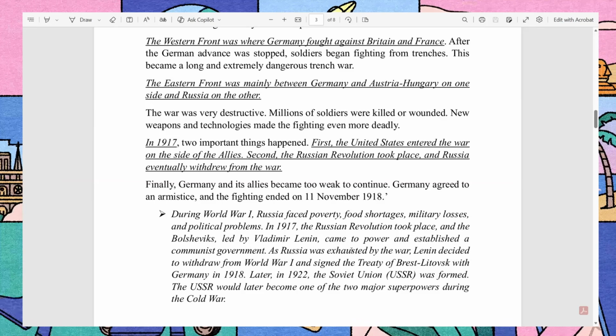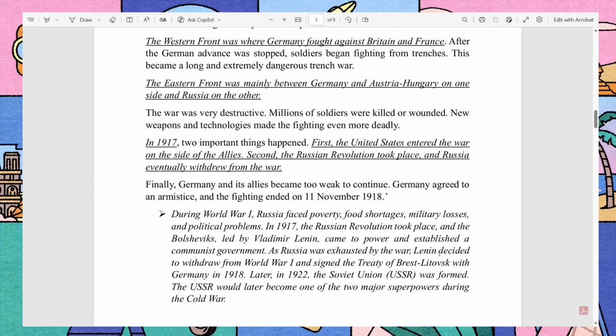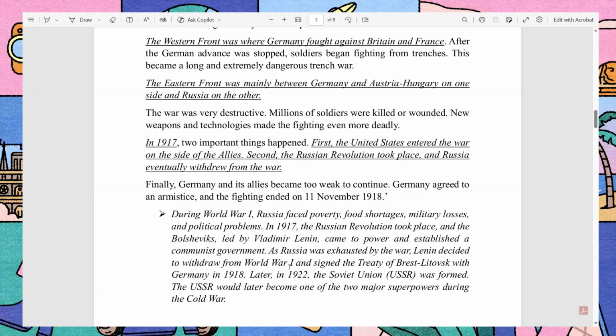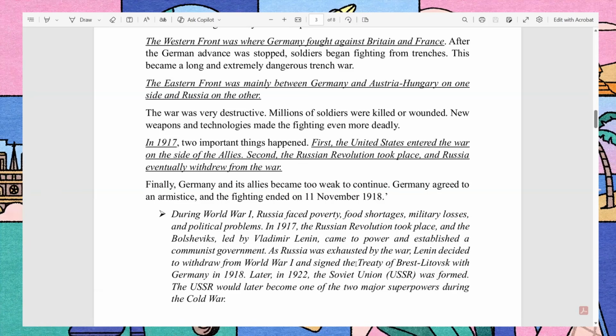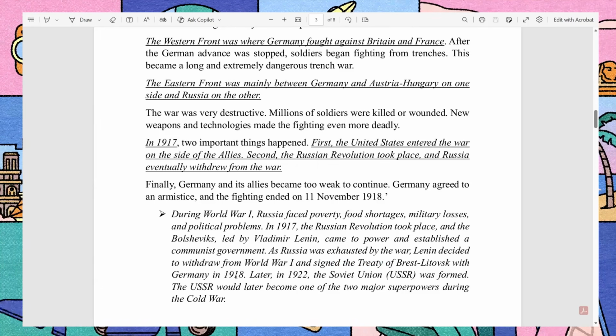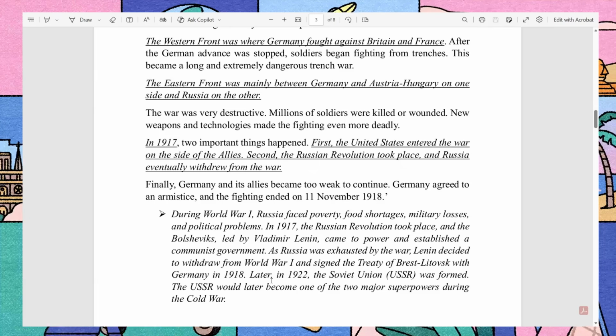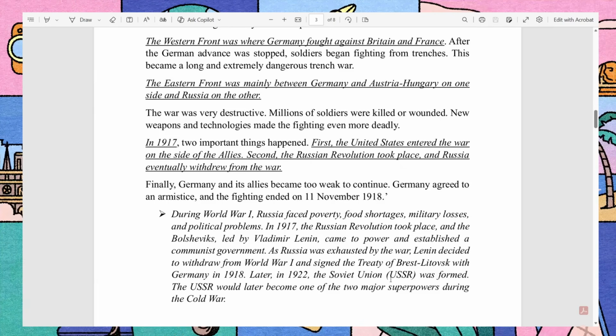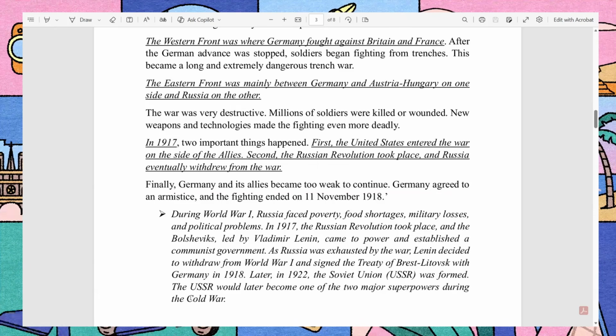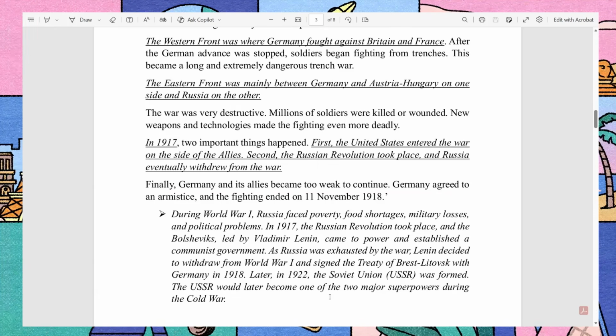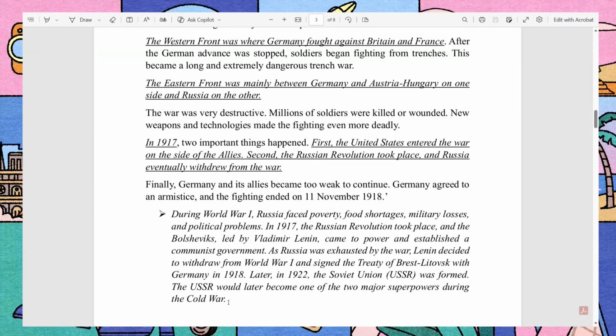As Russia was exhausted by the war, Lenin decided to withdraw from World War One and signed the Treaty of Brest-Litovsk with Germany in 1918. Later, in 1922, the Soviet Union (USSR) was formed. The USSR would later become one of the two major superpowers during the Cold War.